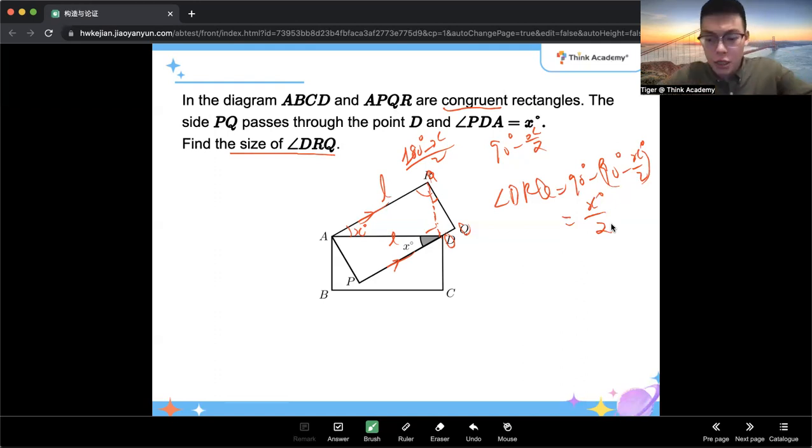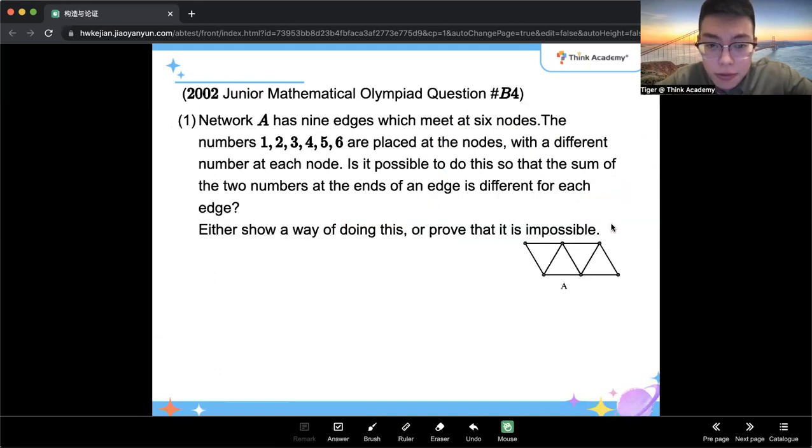All right. So for the geometric ones, I would say it's more flexible. But the same thing works. Just try to observe it first, and then try to draw the assisting lines, which is actually going to help you.